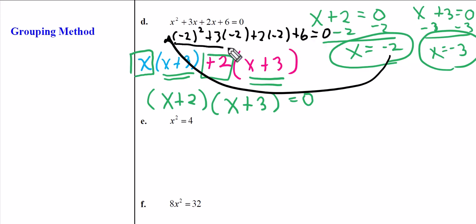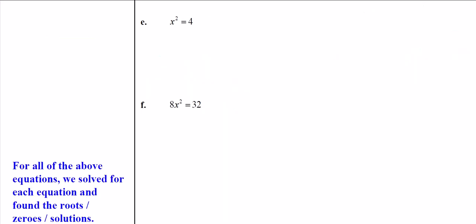If I do all of this math right by following order of operations, it'll come out to be 0, and it'll be true. So for those of you that like to check your work, you know what to do. You could go back to A, B, C, D, E, F, all of these, and if you take both of the answers you got one at a time, and you plug them in with parentheses, and you use order of operations correctly, you're going to see that these are true.